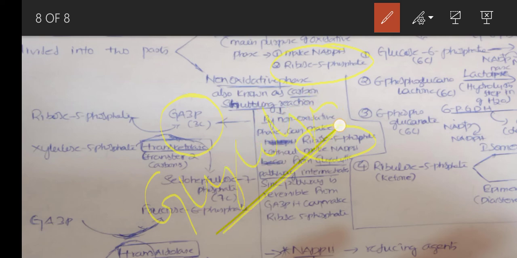Remember guys, this is a very important step. Actually this step is reversible. Not only will ribose 5-phosphate form glyceraldehyde 3-phosphate, but glyceraldehyde 3-phosphate can also form ribose 5-phosphate. It's a reversible step.